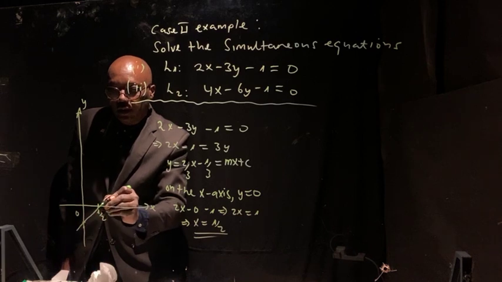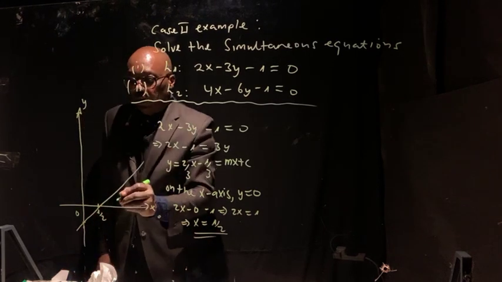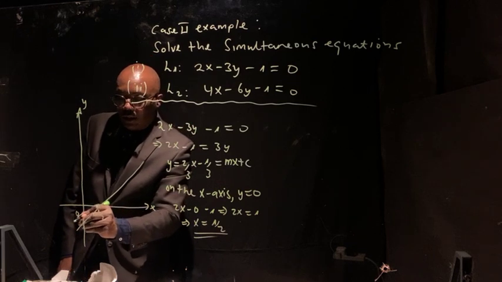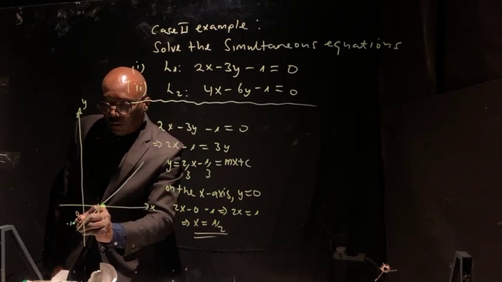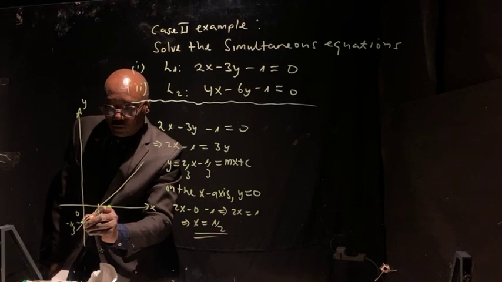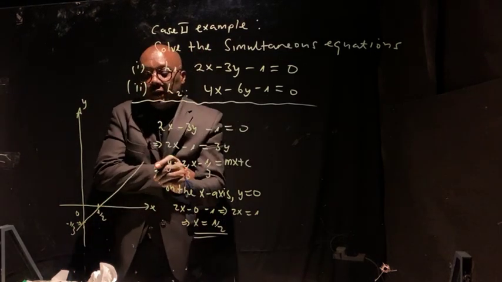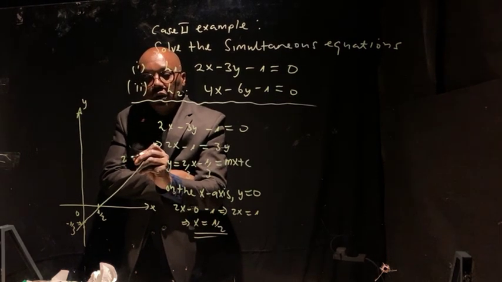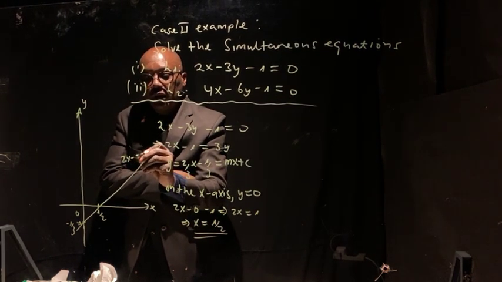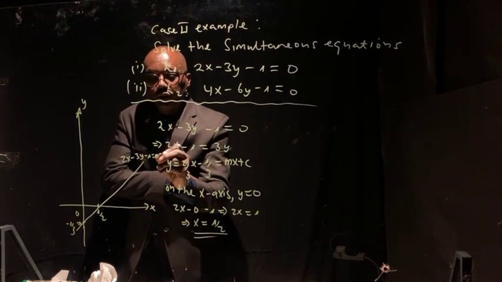So you can see that the line, this is the equation here. This is minus 1/3, which is this one. Good. And this is the line 2x minus 3y minus 1 equals 0.